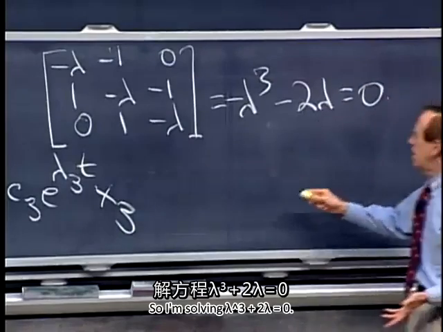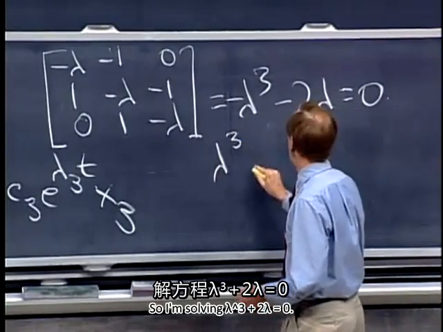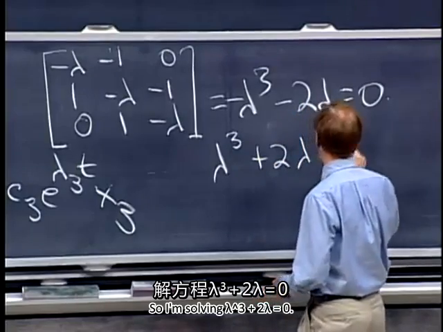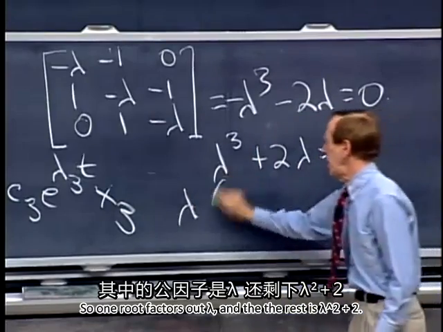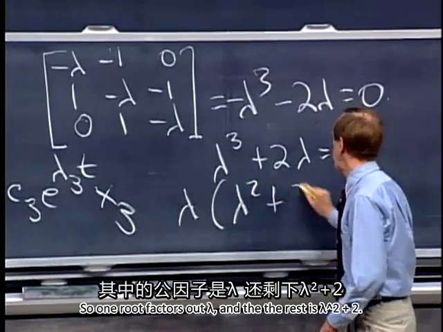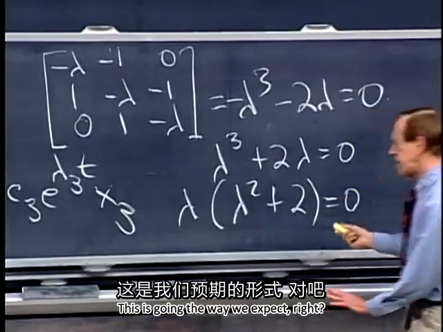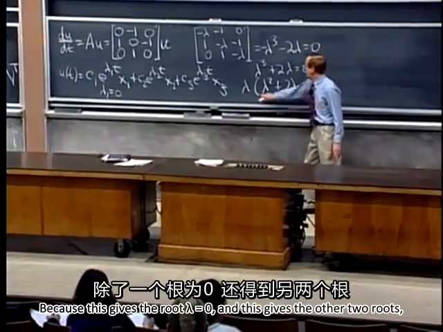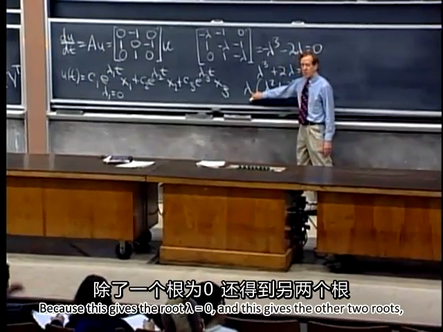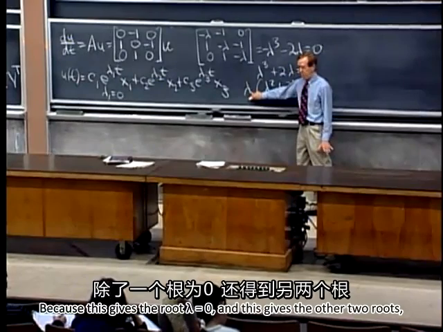So I'm solving lambda cubed plus 2 lambda equals 0. So one root factors out lambda, and the rest is lambda squared plus 2. Okay, this is going the way we expect, right? Because this gives the root lambda equals 0.